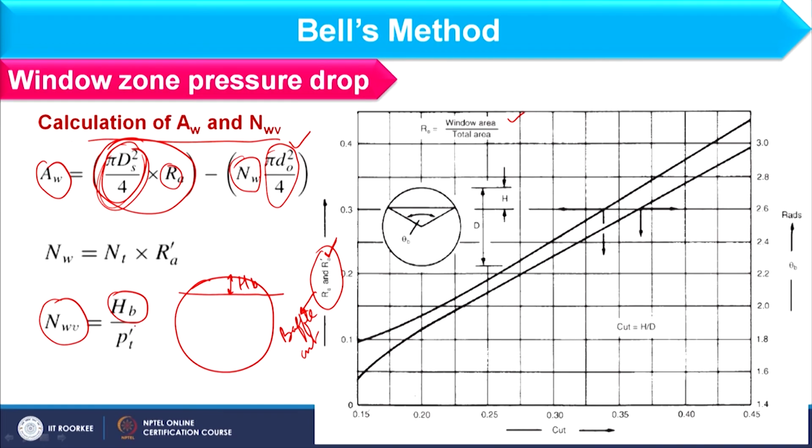HB by PT dash, and PT dash, when I have a square pitch, is equal to PT, and when I have a triangular pitch it is 0.87 into PT, right. In this way you can find out NWV, and now we will focus on end zone pressure drop.